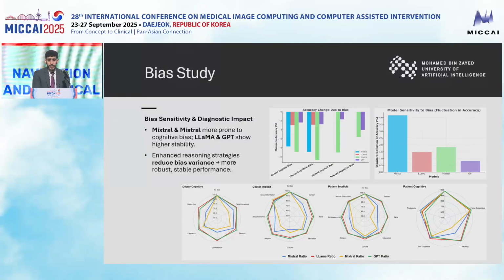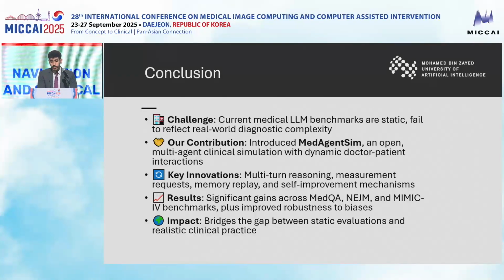In our experiments, the agents powered by models such as Mistral or Mixtral were the most vulnerable to patient cognitive biases, while those powered by Llama and ChatGPT models showed greater stability. But most importantly, our key finding is that by adding our reasoning strategies, we improved these variances across the board, independent of the backend model.